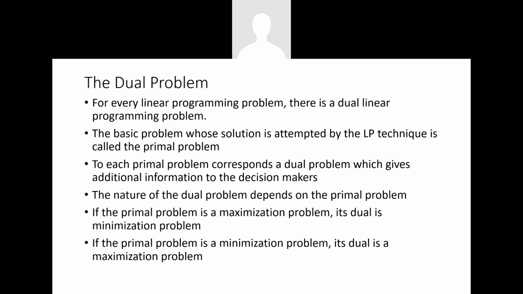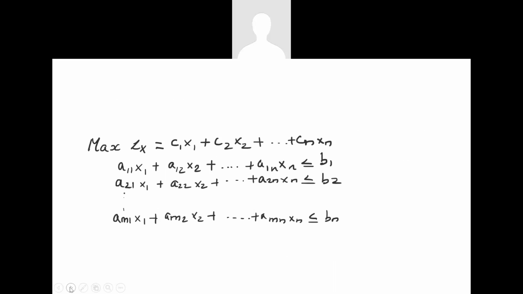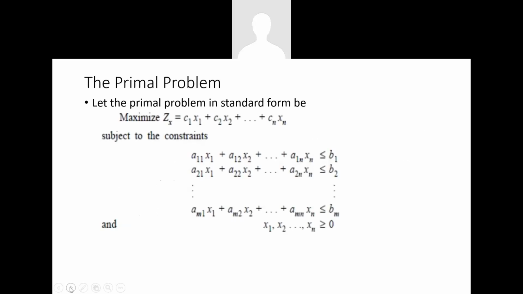Now, let us try to write the primal and dual problems. Let us take this case. Here we have a primal problem being stated where we write: maximize Zx = c1 x1 + c2 x2 + up to + cn xn.